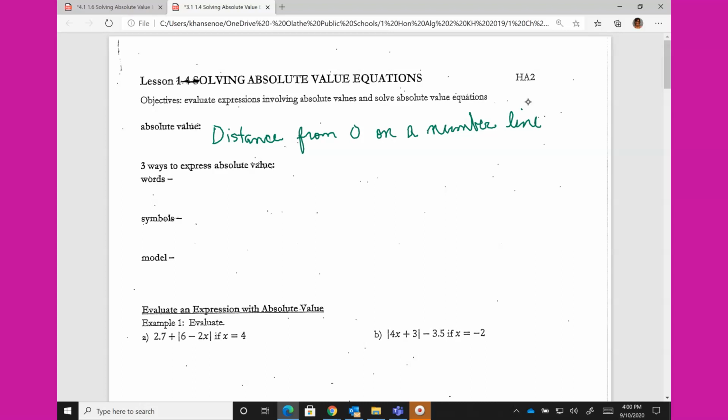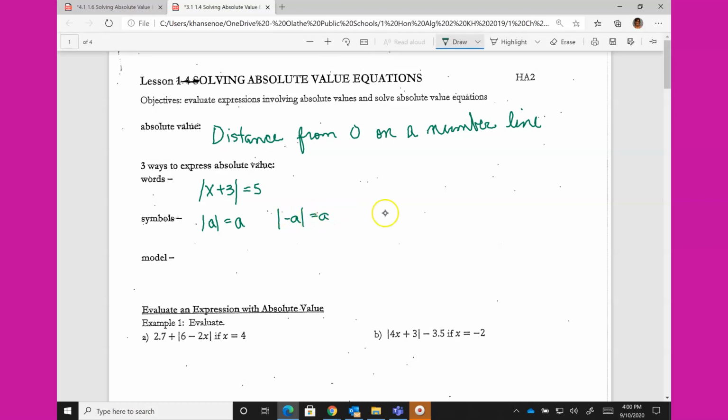I want you to look at 3 ways that we can express the absolute value. I want to do x plus 3 equals 5. It can be written as an equation, and I could write it in words. The symbols, absolute value of A. What's the absolute value of A? It's A. What's the absolute value of a negative A? It's A. What's the absolute value of the negative of an A?